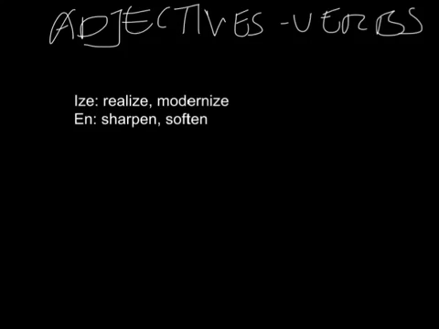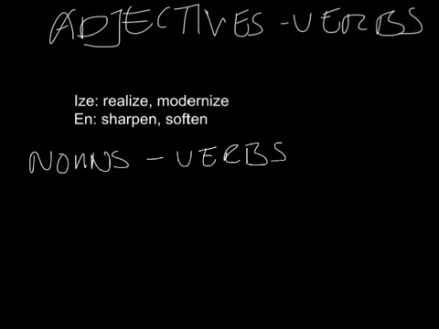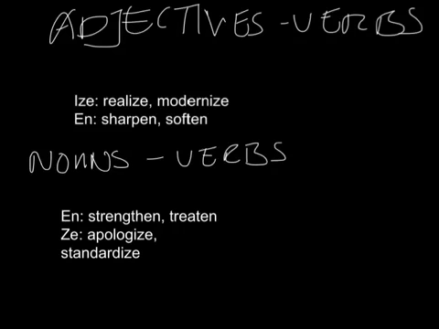All of these are adjectives turning into verbs. And from nouns we get verbs by using any of these suffixes. Strength becomes strengthen. Threat becomes threaten. Apology becomes apologize. Standard becomes standardize.